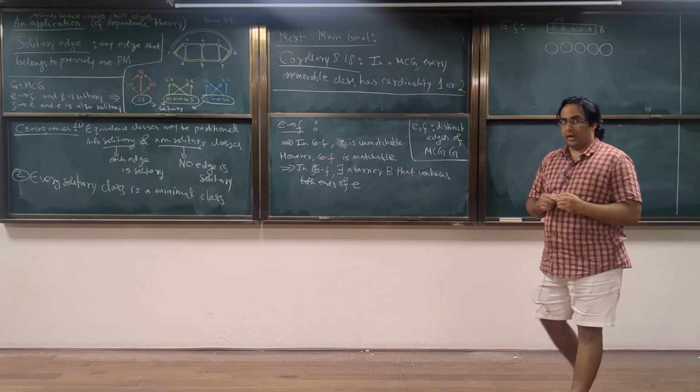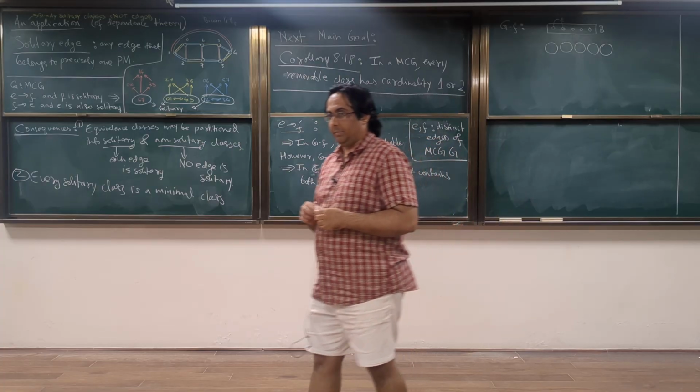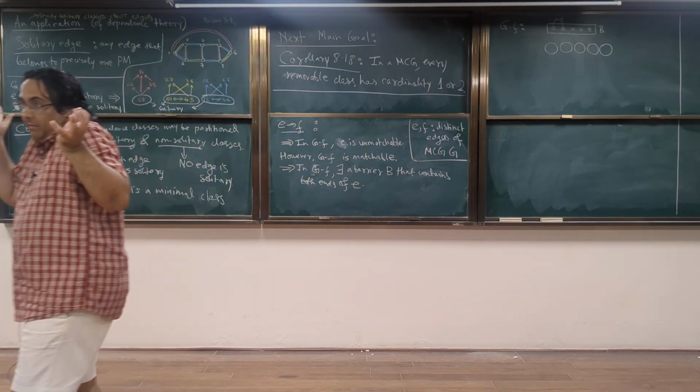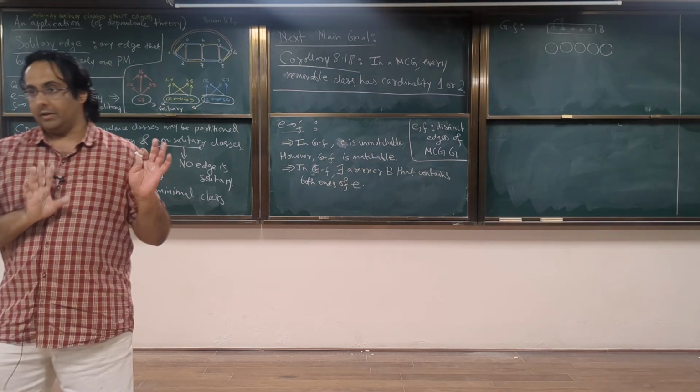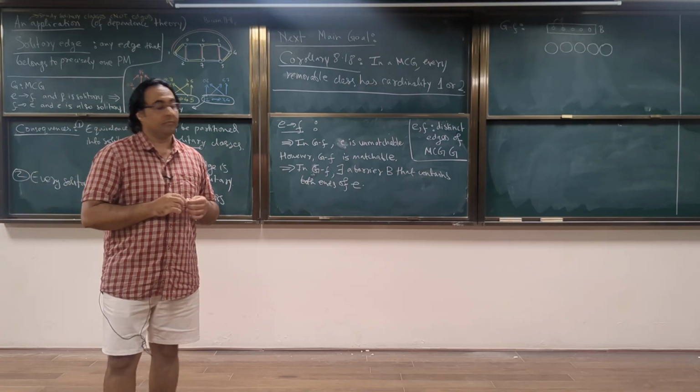Notice that we can't say anything about the even components of G minus F. There may be even components. It's not a matching covered graph. If it were a matching covered graph, we could say that there are no even components, but it's not. In particular, you have a barrier that is unstable. Right? There could also be even components. I've just not drawn them conveniently. I've just hidden them. They could be there.